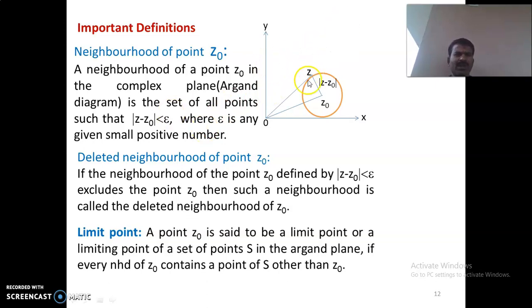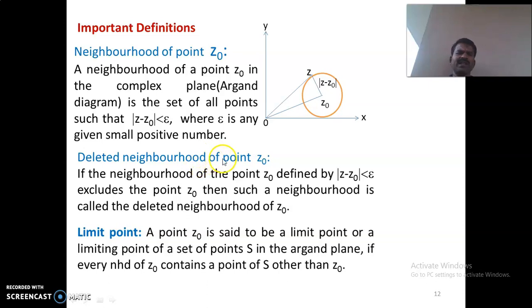It means the set of all points whose distance from z0 is very minutely small. That is what we call a neighborhood of the point z0.